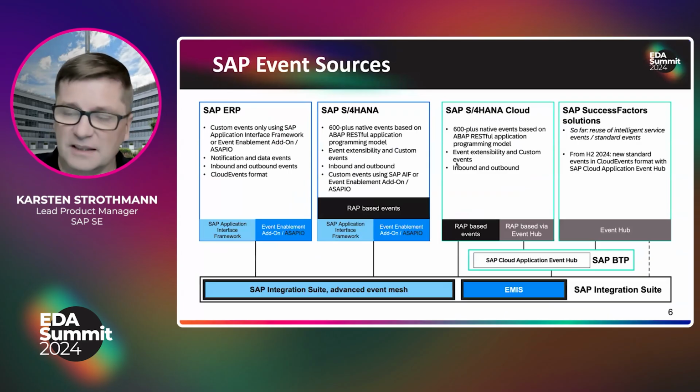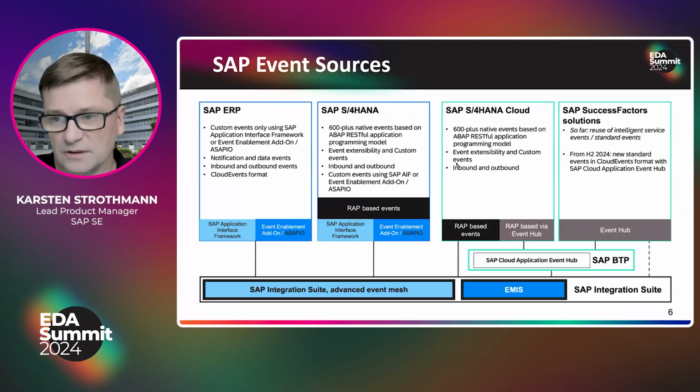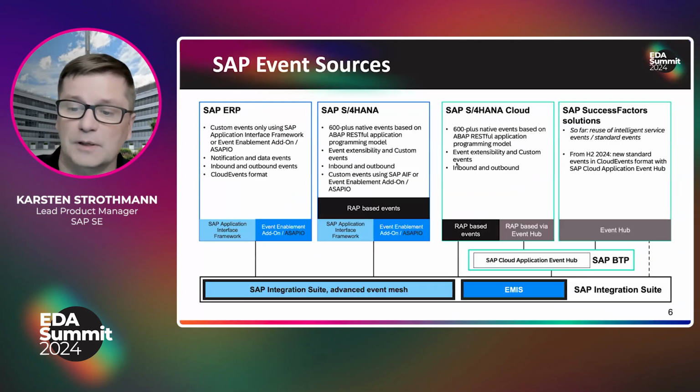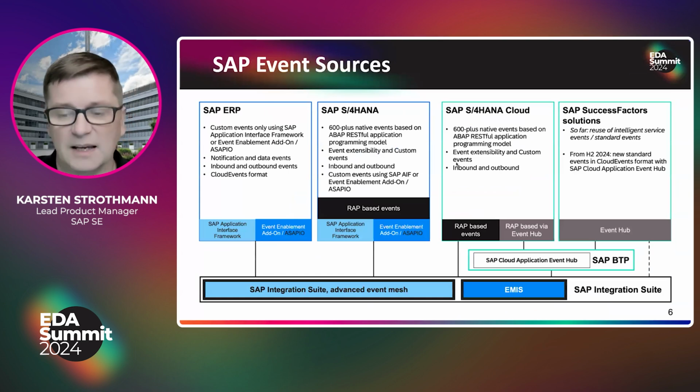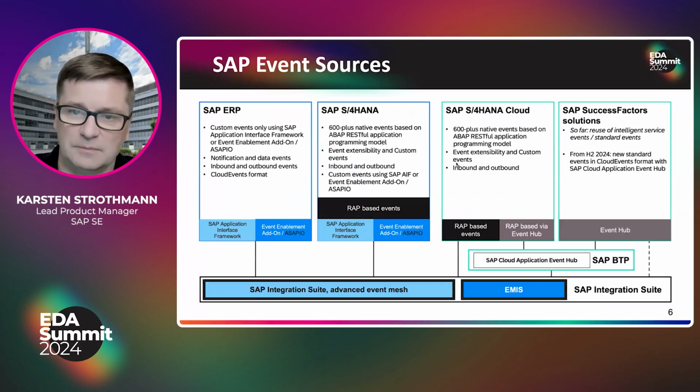The SuccessFactors colleagues are working on a new eventing approach that is going to scale better, that will follow cloud events format and that will be exposed via SAP Cloud Application Event Hub. Once again, to emphasize that this is basically a gateway to SAP Cloud applications. You simply connect that to Advanced Event Mesh, and behind the scenes, the events get exposed to Event Hub, and you can access them for Advanced Event Mesh.